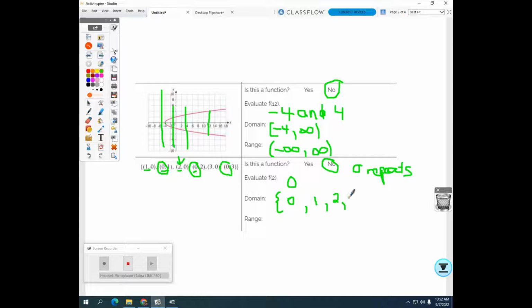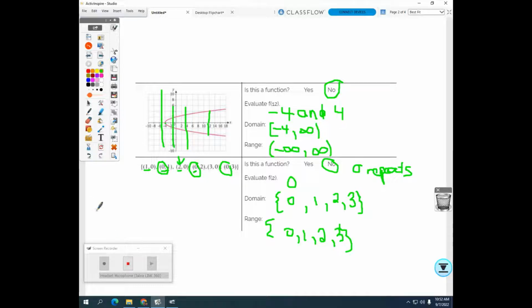I'm just listing out each of the unique ones. You could list all of them out, and then you would see that the 0 repeats. Therefore, again, it's not a function. My range is going to be 0, 1, 2, and 3 as well. Okay, so my y's can repeat, but my x's cannot.